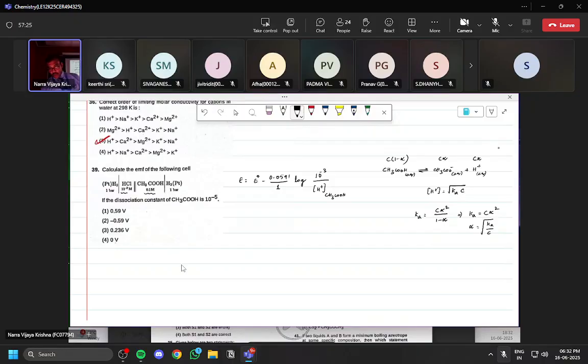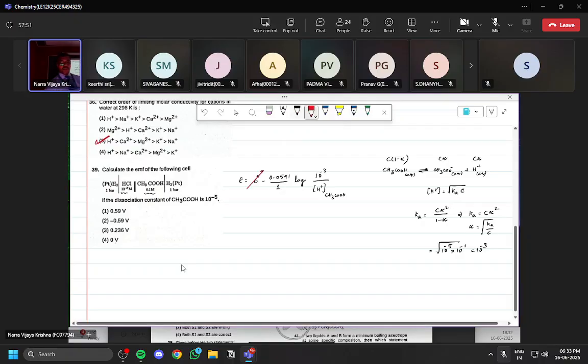So root of what is Ka value? 10 power minus 5 into C value, 10 power minus 1. What is this value? 10 power minus 3. If I write 10 power minus 3 here, log 1. Log 1 is, means this total term becomes E naught value for hydrogen electrode, means total E value is.